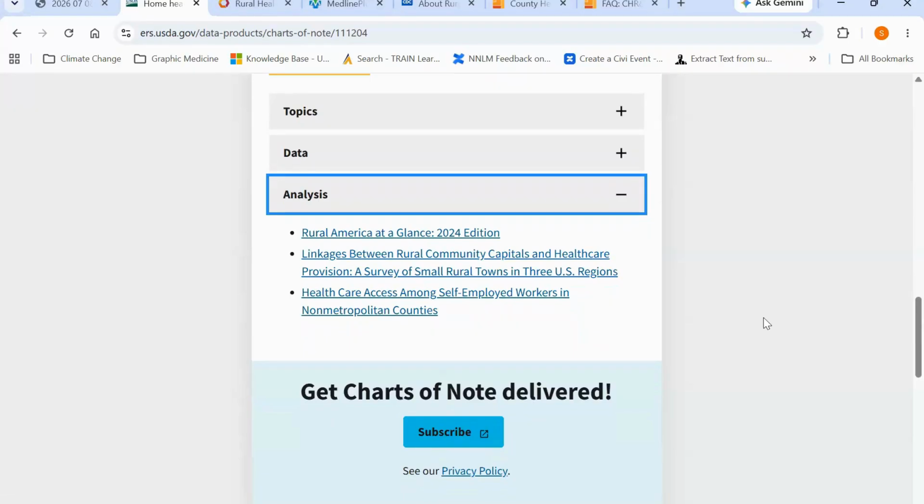So again, the Rural America at a Glance, the 2024 edition did talk a lot about the age divide and the aging population, and then linkages between rural communities, capitals, and healthcare provisions and healthcare access among self-employed workers in non-metropolitan counties. And so when you click into that information, it gives you the resources you need to dig a little bit deeper if that's what you're looking for.